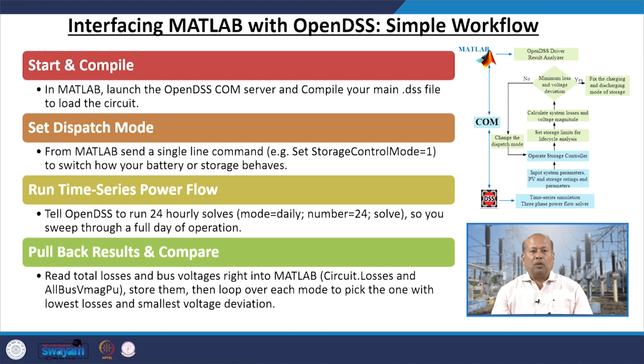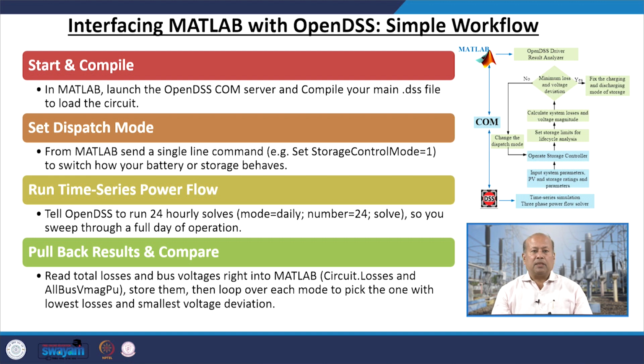Now, the workflow for interfacing MATLAB with OpenDSS. In MATLAB, launch the OpenDSS COM server and compile your main.dss file to load the circuit. From MATLAB, send a single line command, for example, set storage control mode equal to 1, to switch how your battery or storage behaves.